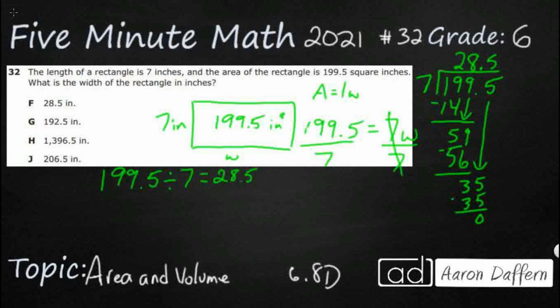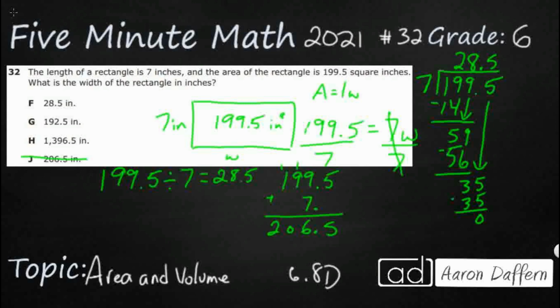Well, let's add 199.5. Now we have to add correctly. That 7 is going to go right here. We have to line up the decimal because it's 7 in the 1's place. But if you add those up, guess what you're going to get? 16,206.5.